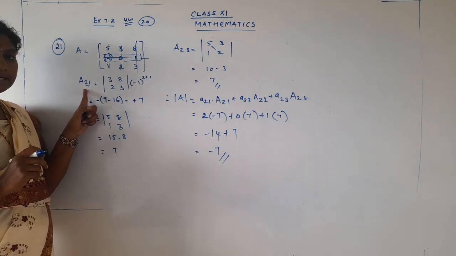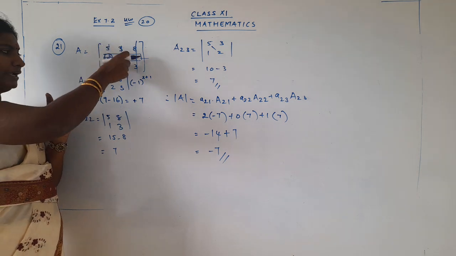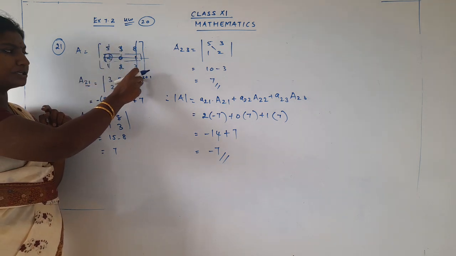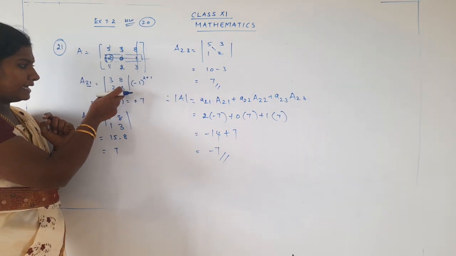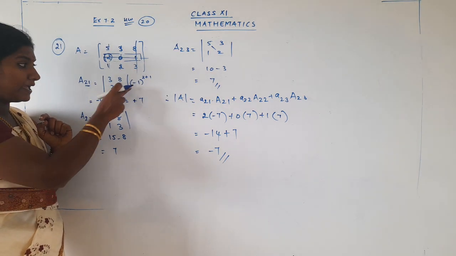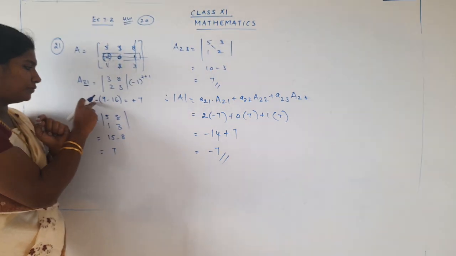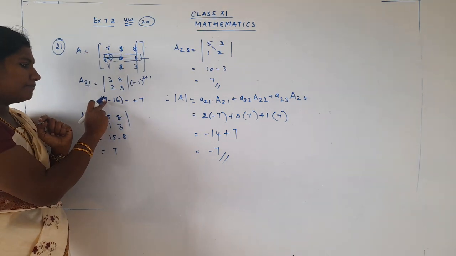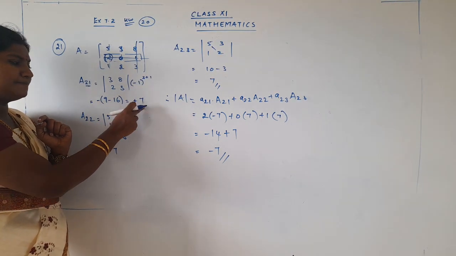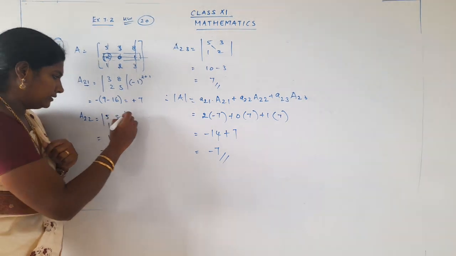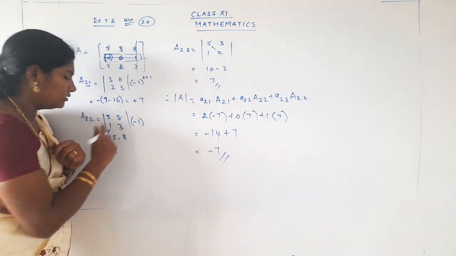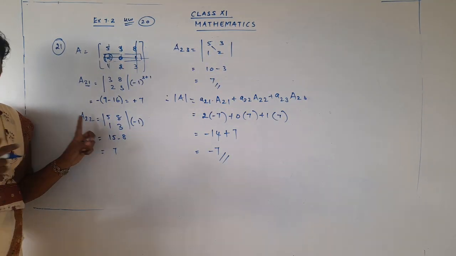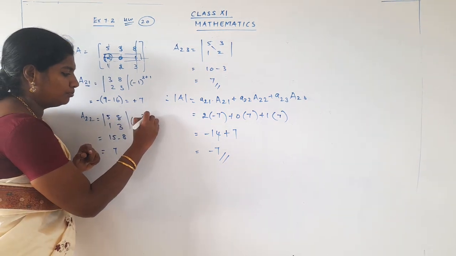So A21 is determinant of 3, 8, 2, 3 times minus 1 the whole raised to 2 plus 1. So I get the answer is 9 minus 16, and here the answer is negative. So I put minus, and I get minus of minus 7, that is plus 7. Now here, this will be minus 1 the whole raised to 2 plus 2. So I put here 2 plus 2.